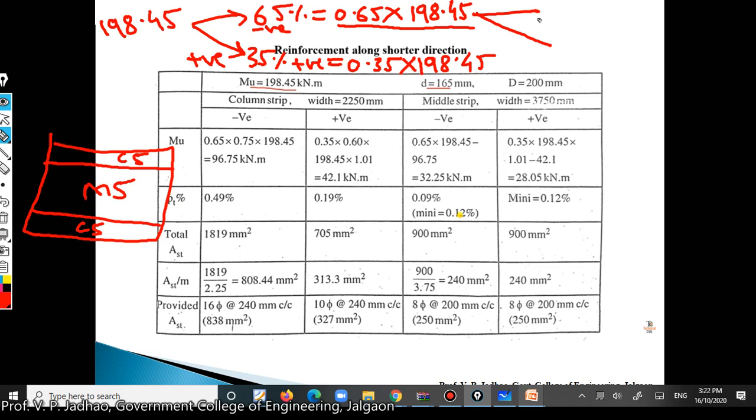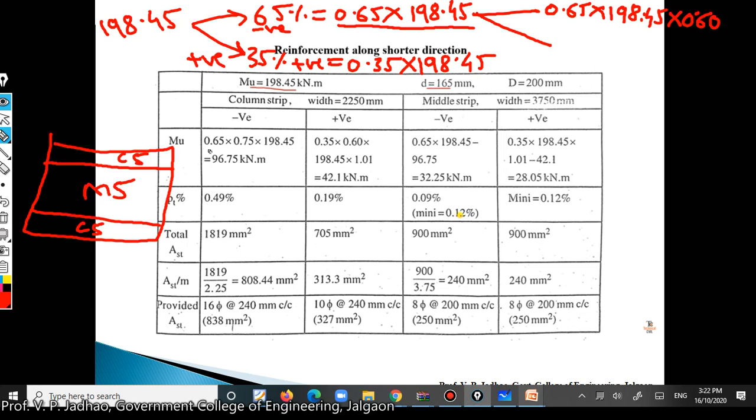In case of the column strip, 60% of this is resisted, so 0.65 multiplied by 198.45, and out of this 60% is contributed by the column strip. So multiply this with 0.60.